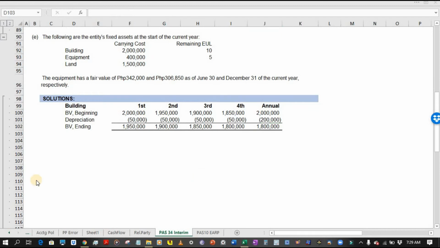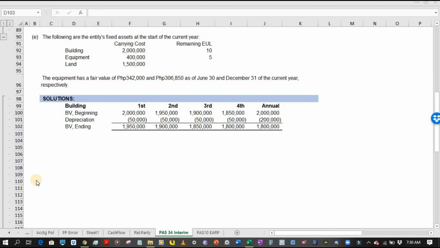So now let us proceed to the equipment. For the equipment, there is additional information: the equipment has a fair value of 342,000 pesos and 306,850 as of June 30 and December 31 of the current year, respectively.